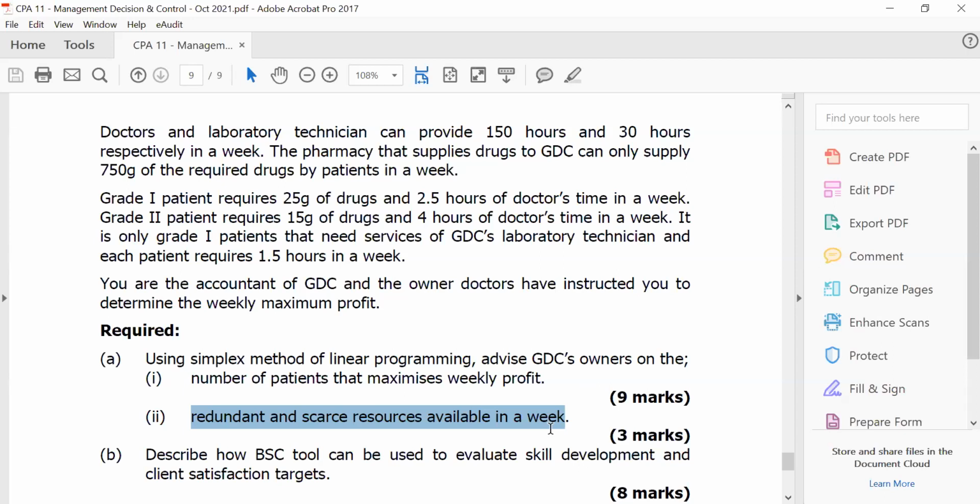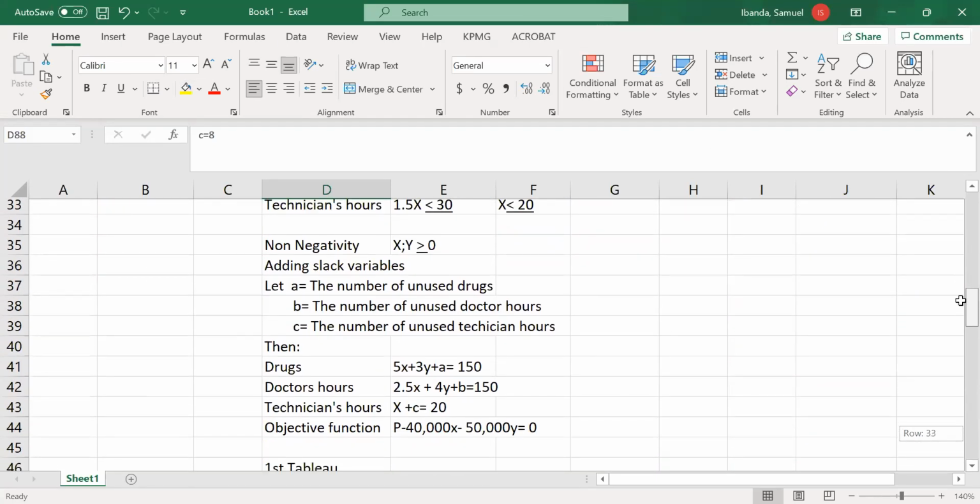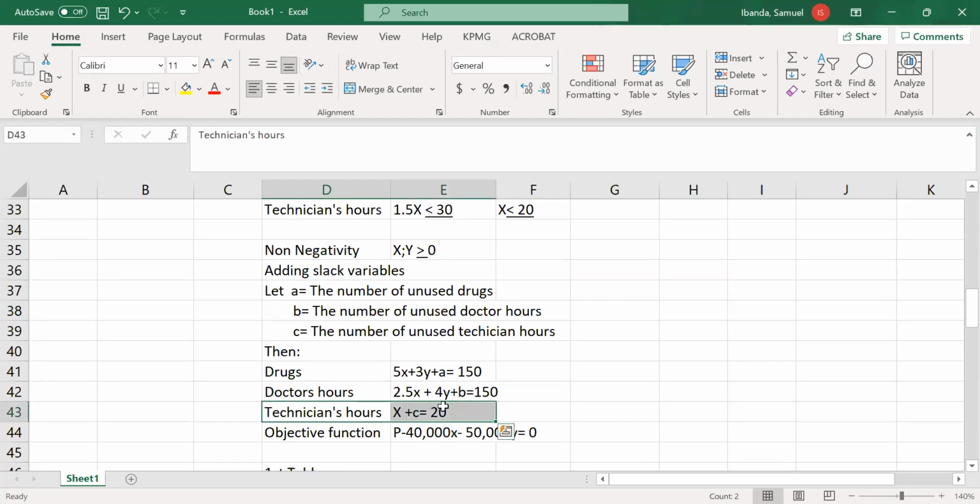What you need to basically understand with the redundancy, remember we've calculated our C. This C was the slack variable under technician's hours.